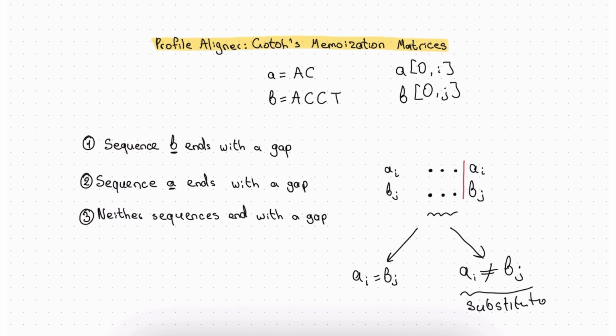So, for example, we can have A and T. In case of a substitution, we want to penalize the alignment, and we do so by giving it a penalty of 1. However, when the two nucleotides are the same, in this case, we like the alignment. There's no event that's happening, so we don't penalize. So here, the penalty score will be 0.